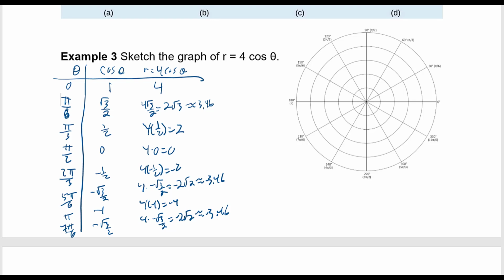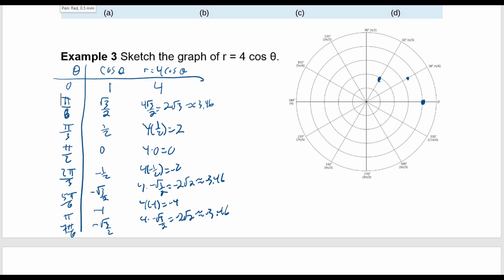I'll come over here and graph it. When we're on this axis here, it's going to be at 4, so we're at 1, 2, 3, 4. And then at pi over 6, we're going to be at 3.46, so we're just a little less than all the way there. Then at pi over 3, we're at 2.